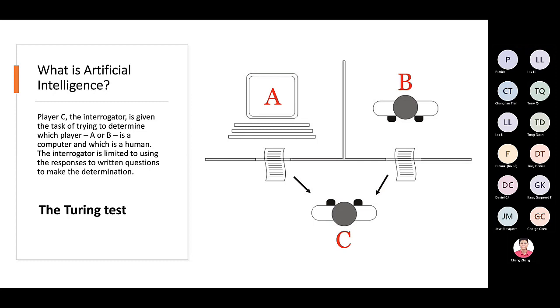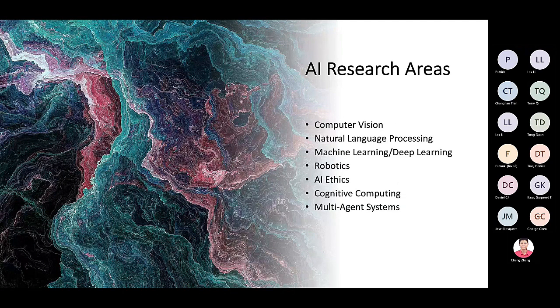So based on this simple but accurate test for artificial intelligence, we can divide the research of artificial intelligence into smaller areas. For example, the first area that comes into sight is computer vision, right?